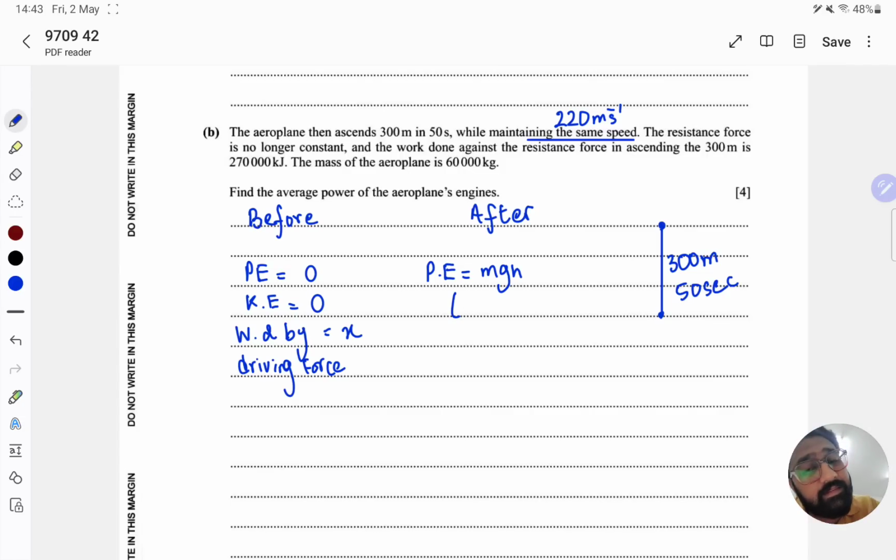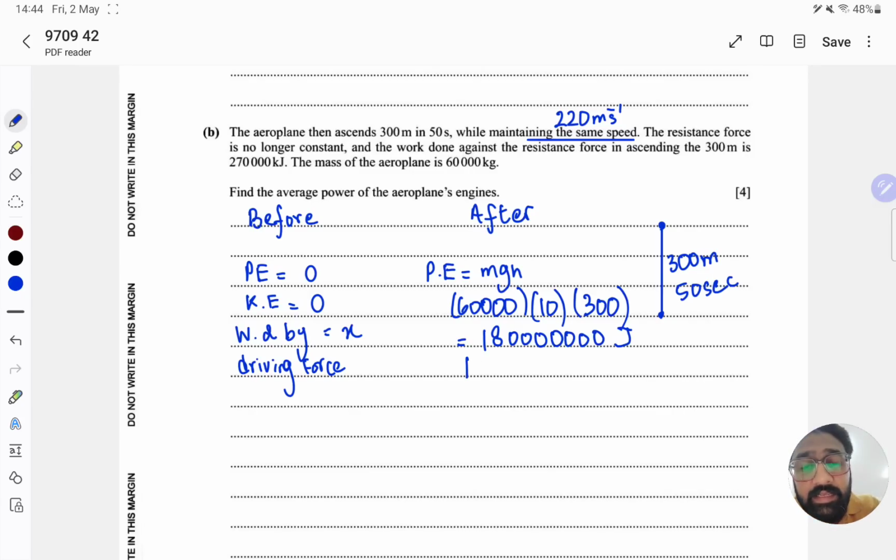The mass is 60,000, the value of g is 10 and the height is 300. So 60,000 times 10 times 300 is 180,000,000 joules.